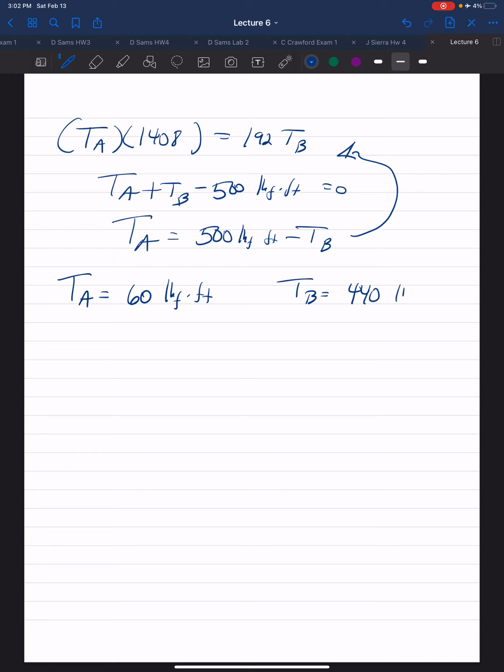So TA is equal to 500 pound force feet minus TB. And you plug this into here and solve, you get TA is equal to 60 pound force feet, and TB is 440 pound force feet.